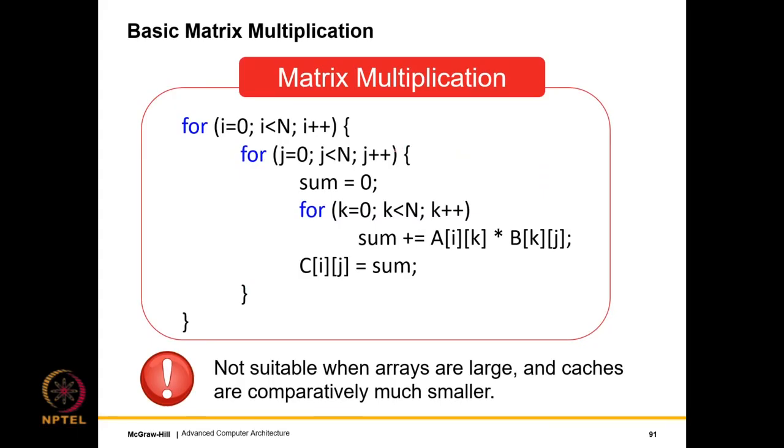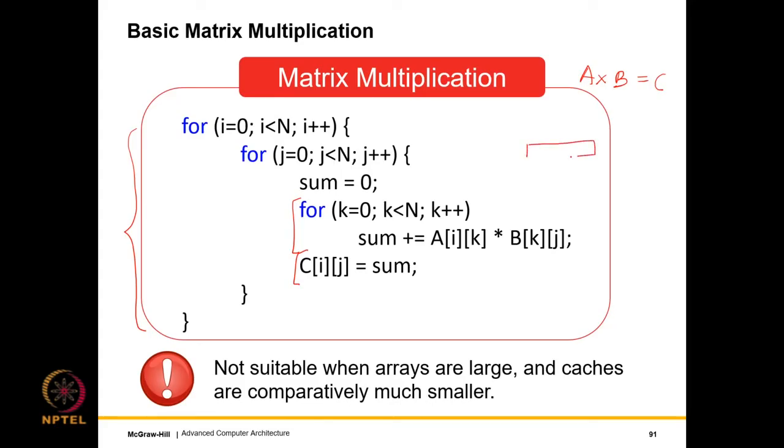So let us consider matrix multiplication, for example. So this is a standard code for matrix multiplication, where we are multiplying two n cross n matrices. The final matrix is also n cross n, so A multiplied with B is producing matrix C. So as you can see, the final result is being written here, and this loop over here basically does the multiply step.